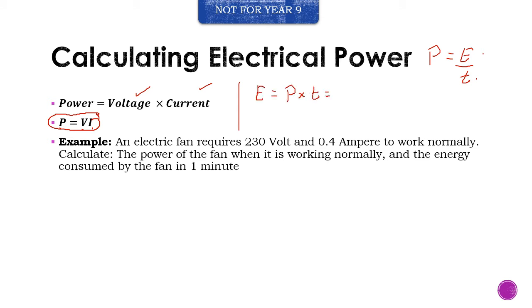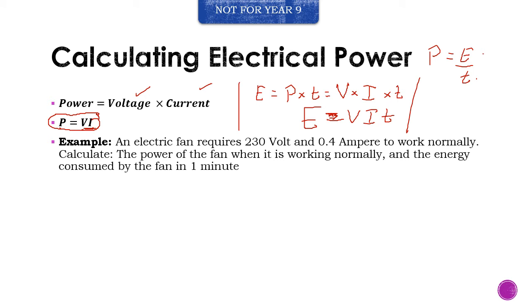However, power in electricity is V times I, right? So we say V times I times T. V is the voltage, I is the current, and T is the time. So if you want to calculate energy, you could just say VIT in electricity, where VI represents the power. Okay, good. So power equals V times I or I times V in electricity.